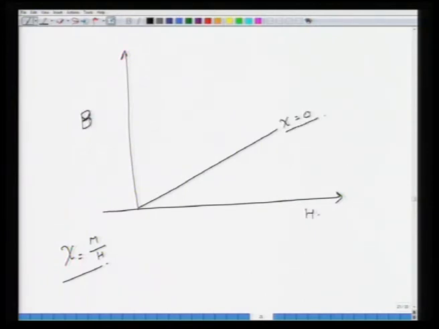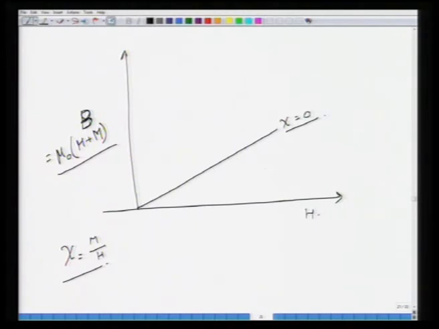Let us say B, because B is nothing but mu naught multiplied by H plus M, and for chi equal to 0, M will be equal to 0. As a result it would only be equal to mu naught H, otherwise it would have been a flat line. So, let us plot B versus H, and for chi equal to 0 it would of course be equal to mu naught H only. As H increases, it will proportionately increase.